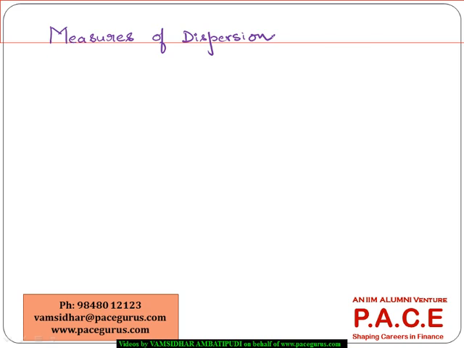As a part of the measures of dispersion, from an investment perspective, we have computed the measures of central tendency quite effectively. But to understand an investment completely, along with the mean, I also need to know how my data is deviating from the mean, how much dispersion there is around the mean.